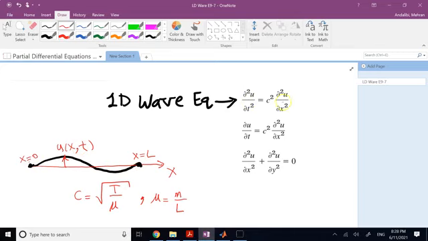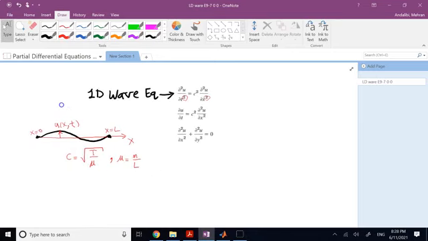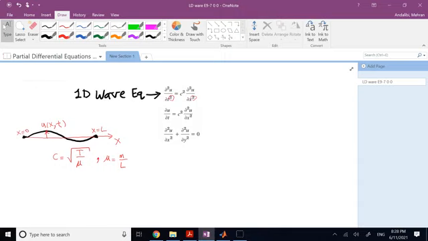And since the order of this PDE with respect to t and x is both second order, you need two boundary conditions and two initial conditions. So the solution depends on what you have in the beginning of the vibration and at the two boundaries.